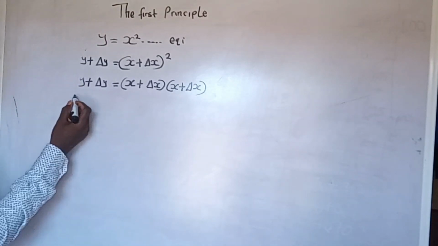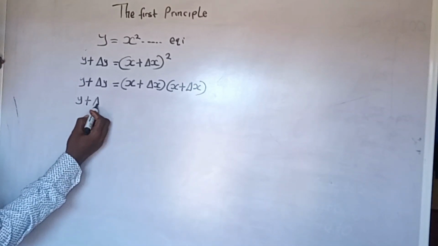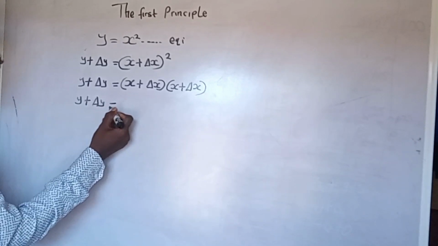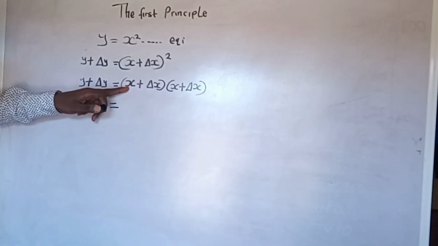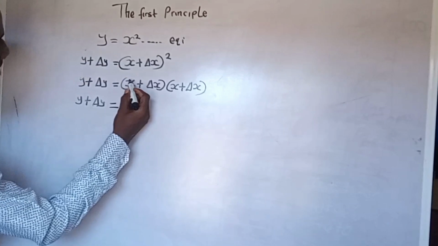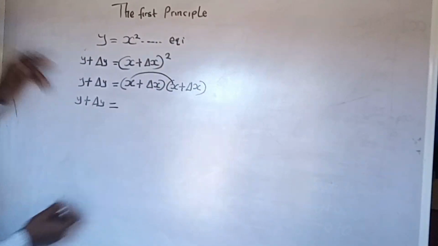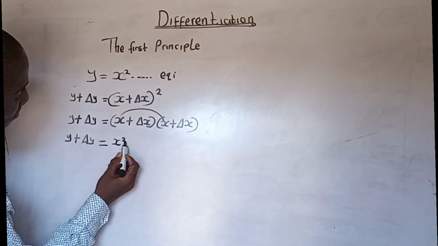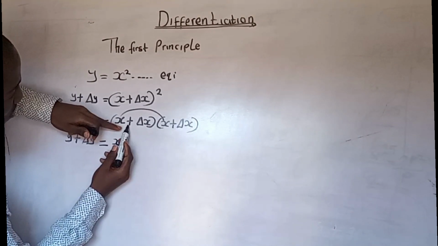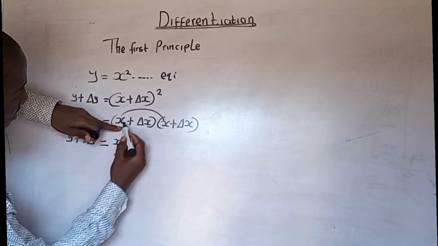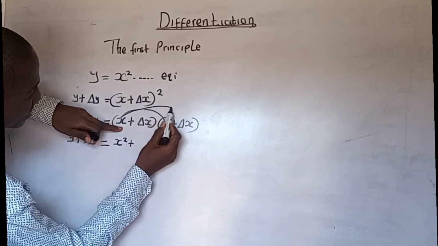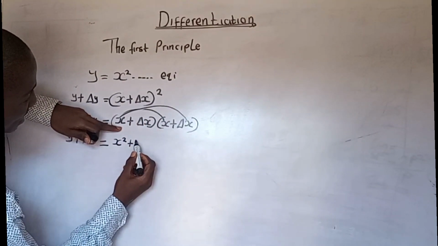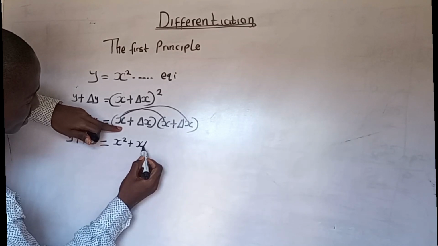On the left hand side, I'm going to have y plus delta y equals. From this bracket, this x will multiply this x, so I'm going to have x squared. Plus, this same x will also multiply this delta x, so I'm going to have plus x delta x.